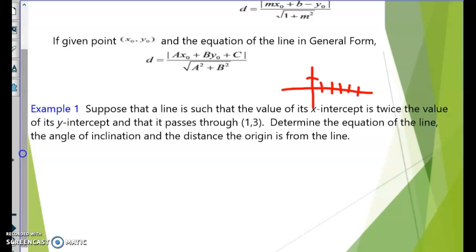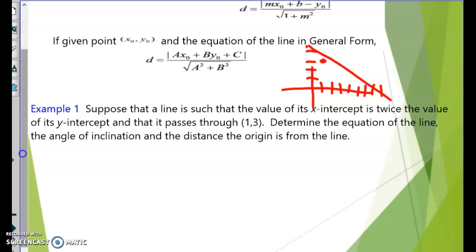If I'm at 4, I'm at 2. But we want it to go through the point 1, 3, so if I go up to 4, then I would be over at 8. It's not going to be a nice one; it's probably going to go through like 7.5 or something like that.